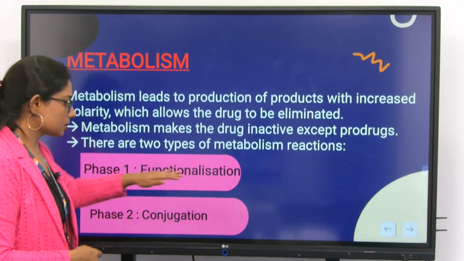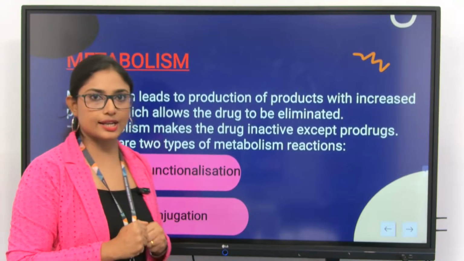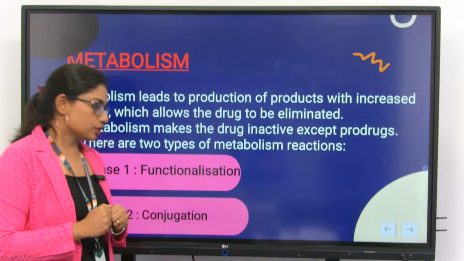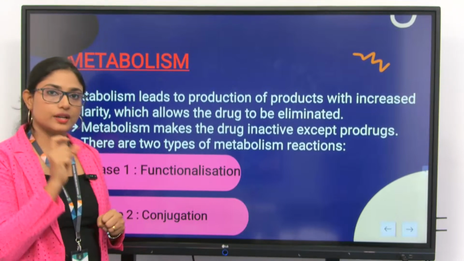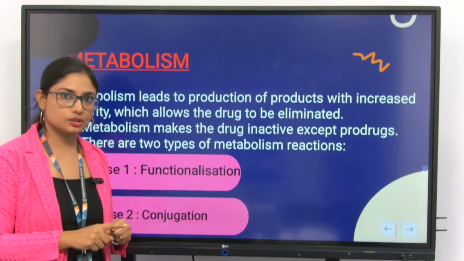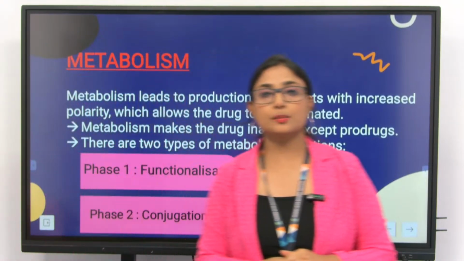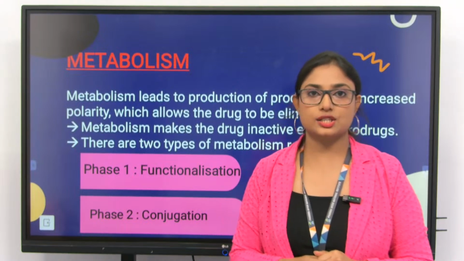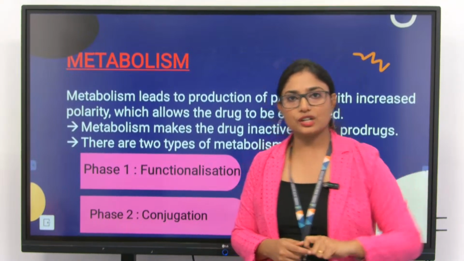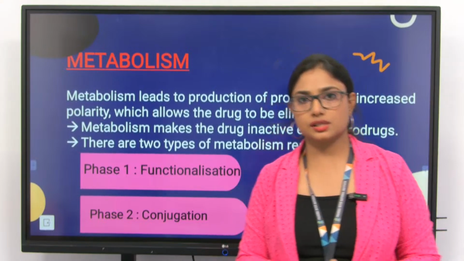Now, what is this functionalization and what is this conjugation reaction? If the drug is lipophilic, after distribution for excretion, it will first undergo the phase 1 metabolic reaction, that is known as functionalization reaction. There are 3 types of functionalization reaction: oxidation, reduction, and hydrolysis.